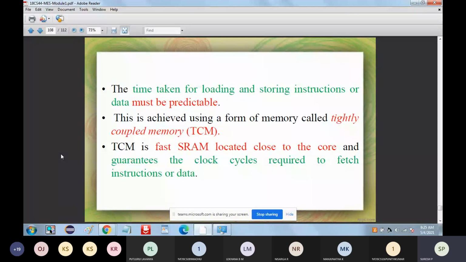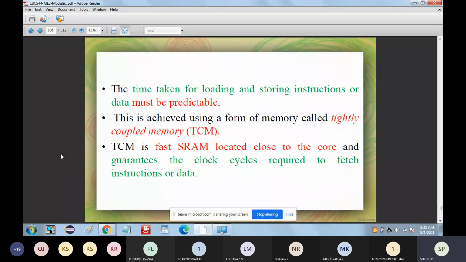Since you already know from the basics of computer organization, compared to DRAM, SRAM is faster. So TCM is a fast SRAM. But this particular fast SRAM will be located near to the core.